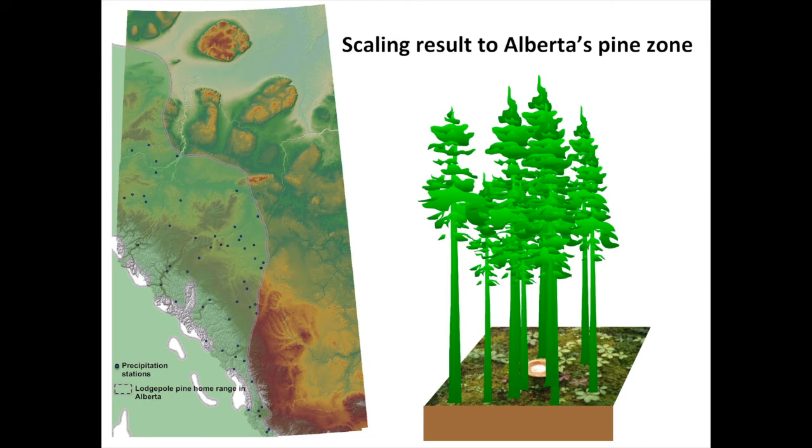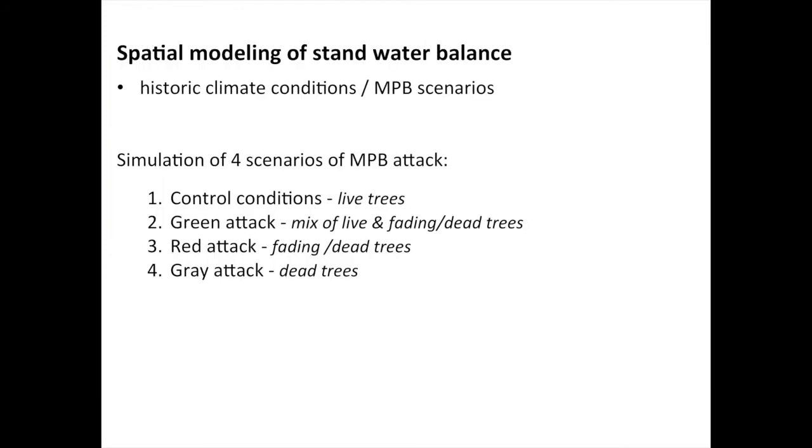This is the home range of the Mountain Pine Beetle, and these dots represent the presence of precipitation data on a daily basis of more than 32 years of records. Okay? So this exercise allowed us to explore the range of responses of our relationships with true data, or data seen in the province, where we have the lodgepole pine forest.